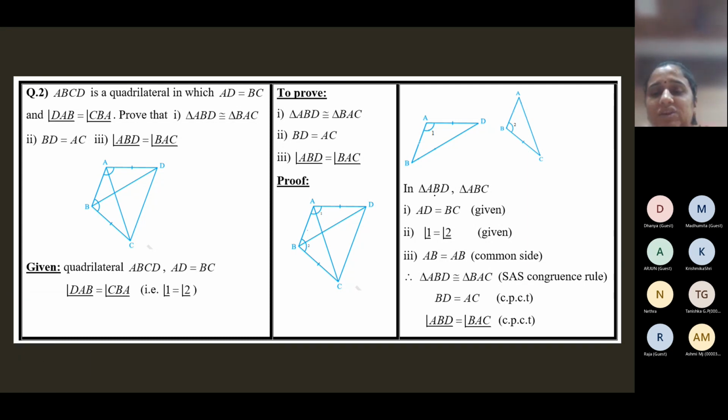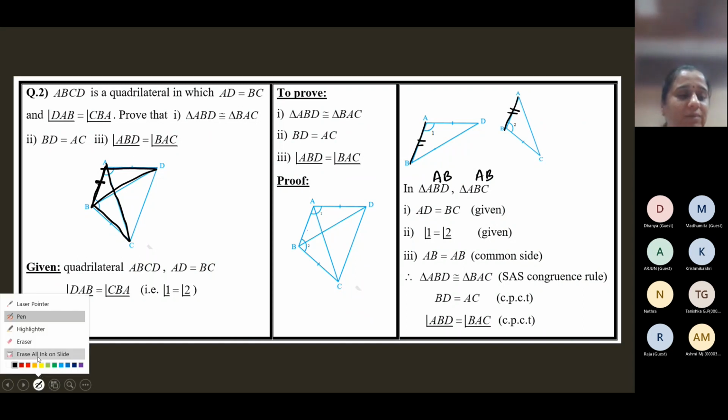For this triangle, AB, BD, AD. For this triangle, AB, BC, AC. So you can see that AB is repeated in both triangles.